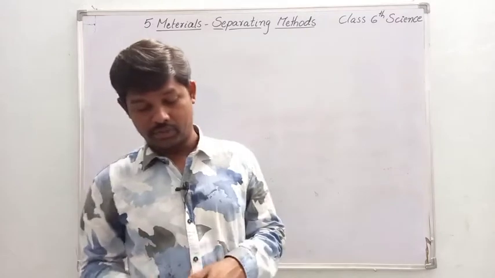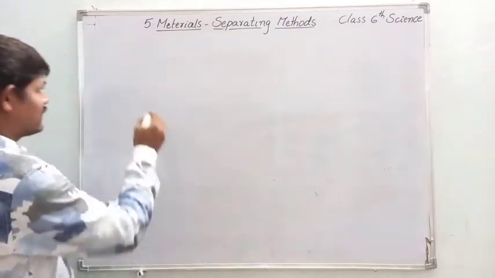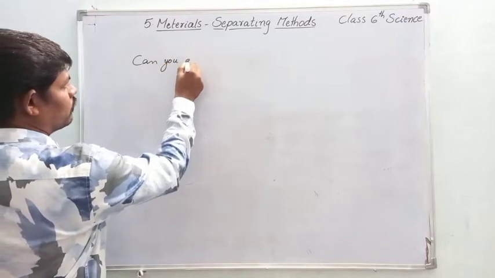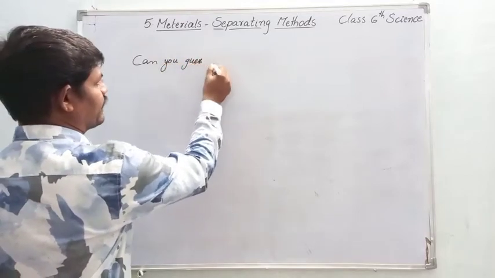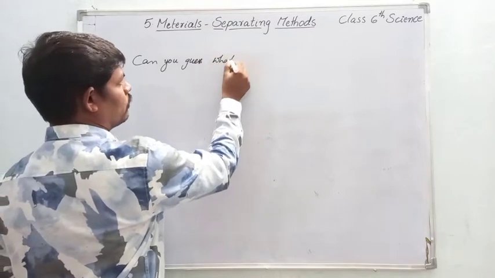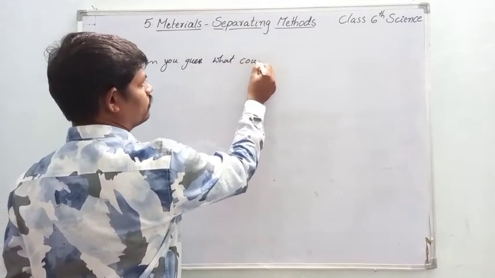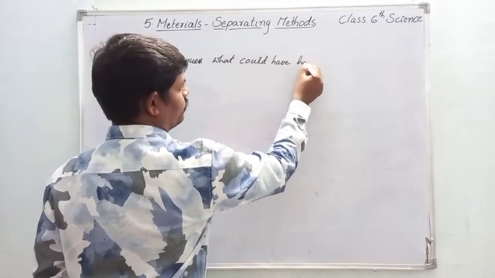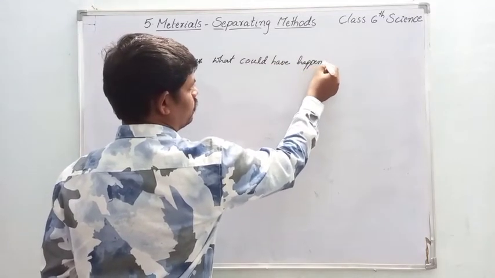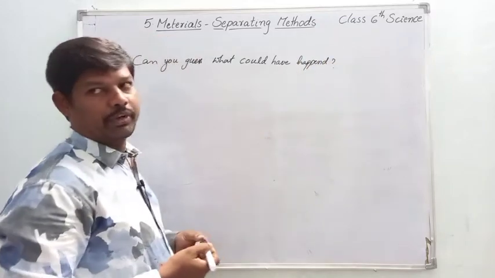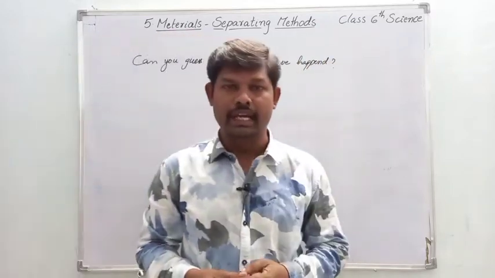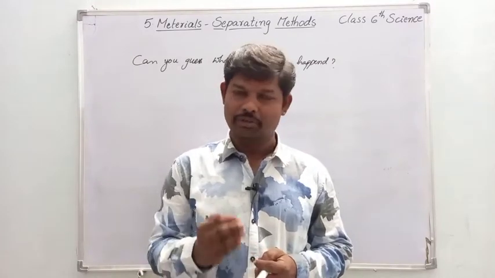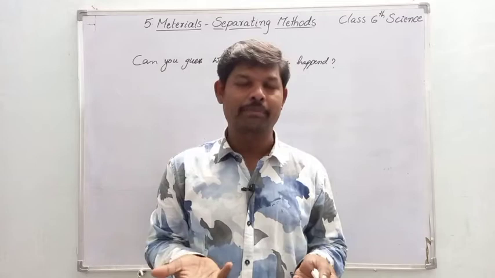Now you have a question. Can you guess what could have happened? If the cat is running away from the kitchen, what could have happened?